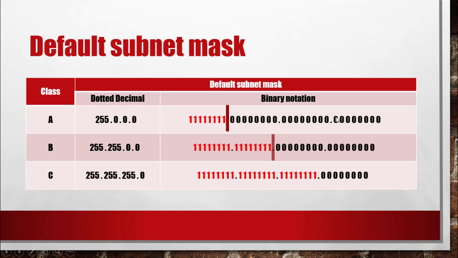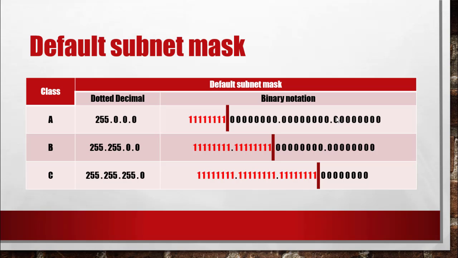So in class B, the subnet mask will be divided into two: network ID 16 bits and host ID another 16 bits. For class C, I will have 3 octets for the network ID and 1 octet for the host ID. So this is how the classes have been given a default subnet mask.